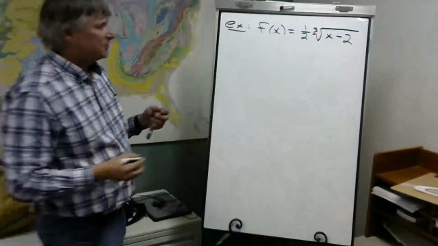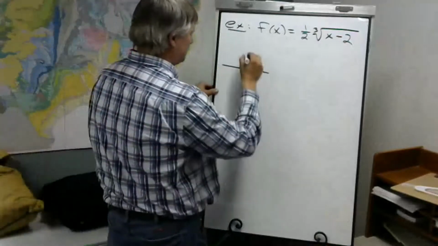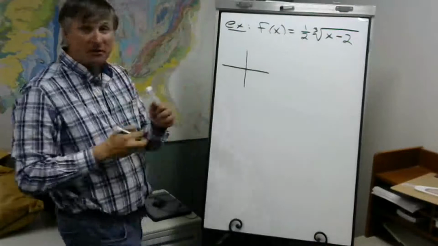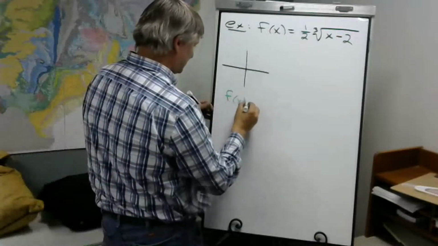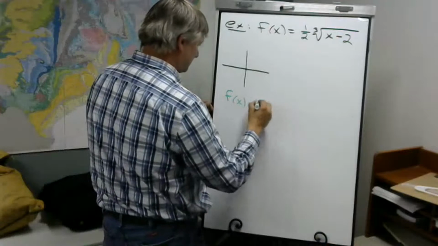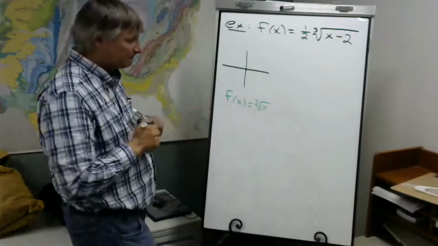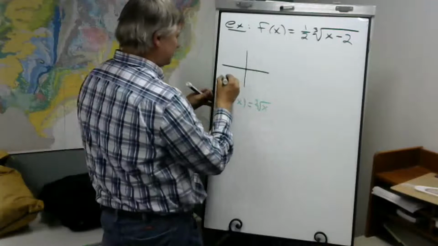What we want to do with this cube root of x is plot this here. We're going to start out with the canonical function, f of x equals cube root of x. And so it's going to look something like this.